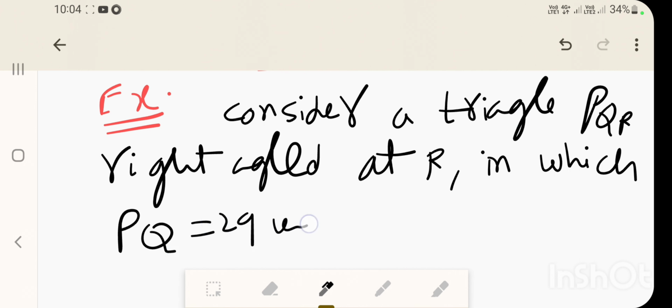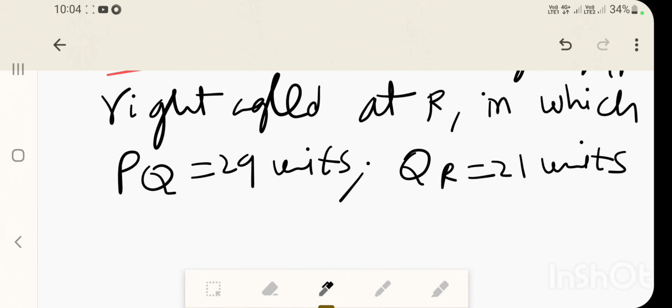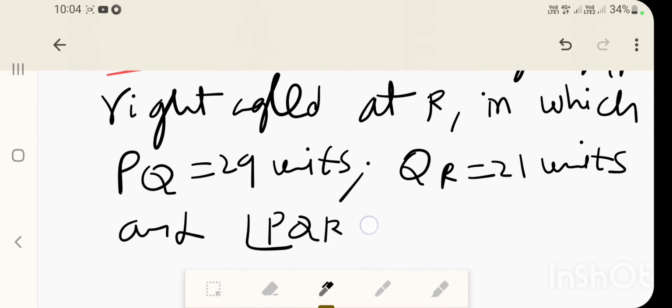The units can be centimeters or millimeters, you can take, and QR is given as 21 units, it can be centimeters, and they have given that angle PQR is equal to theta.